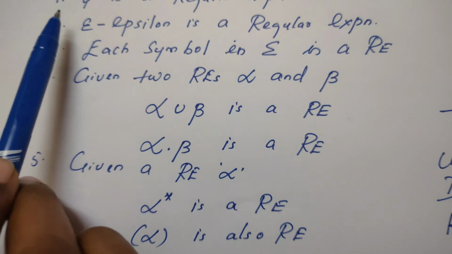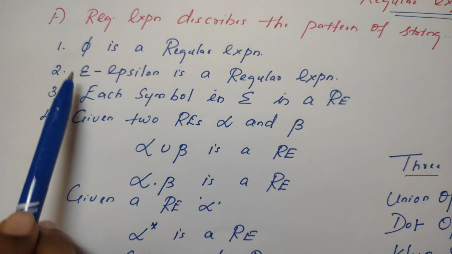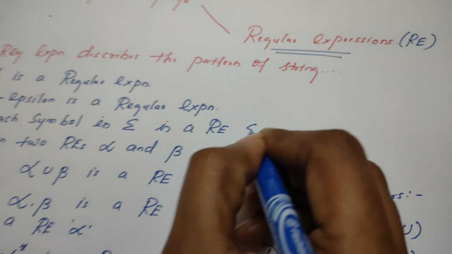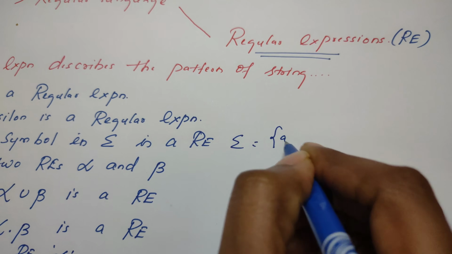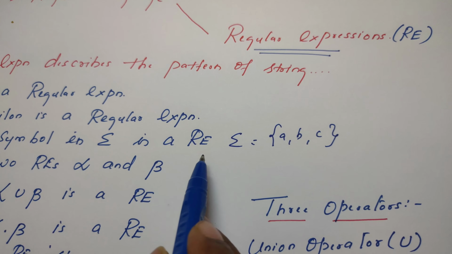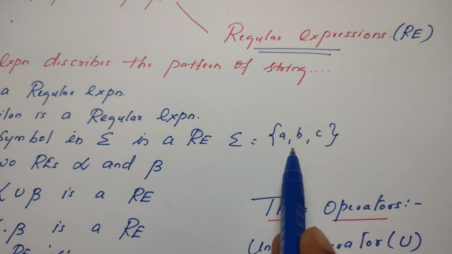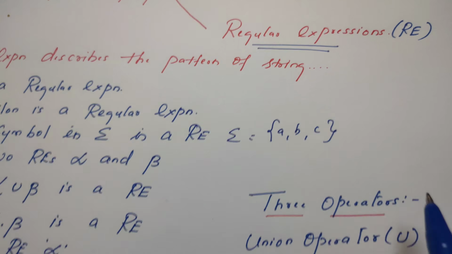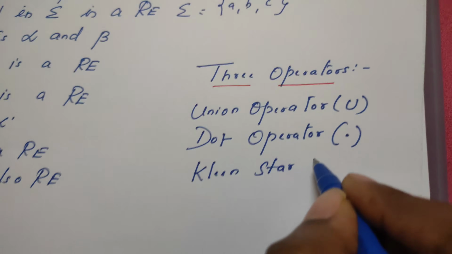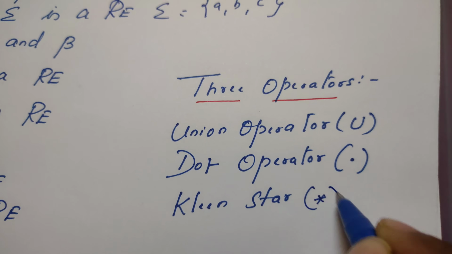So from the simple regular expressions like phi, epsilon and every symbol, which can be, for example, A or B or C, we can build complex regular expressions using 3 operators. One is union, then dot, and the other one is the Kleene star operator.